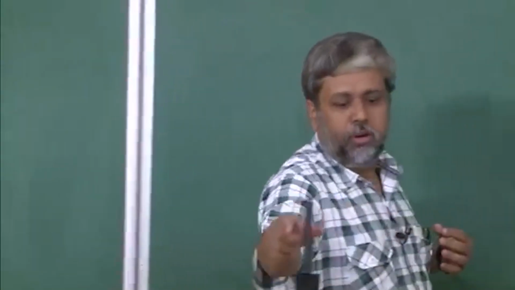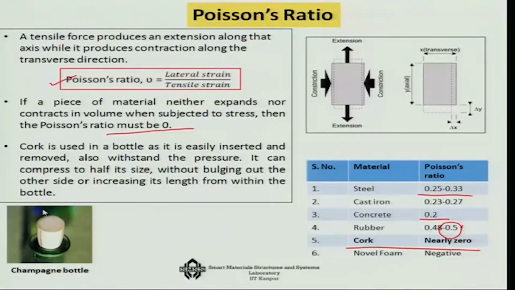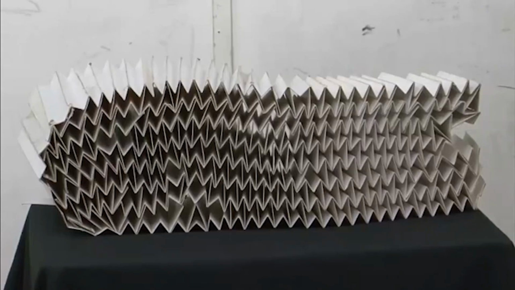So, we have talked about various types of Poisson's ratios, okay, and that definitely is a very important material property consideration when we are selecting a material. Now, we also have talked about stress and strain. The stress and strain are related by something which is known as Hooke's law.